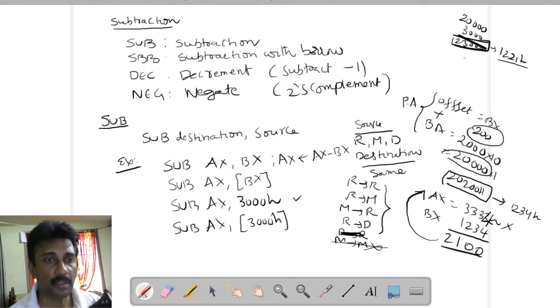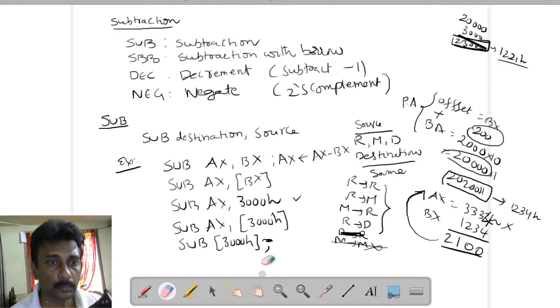This will be subtracted from the AX value and the result will be placed into the AX register. You can interchange the instruction like this also.